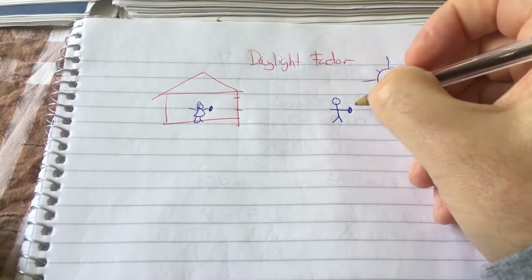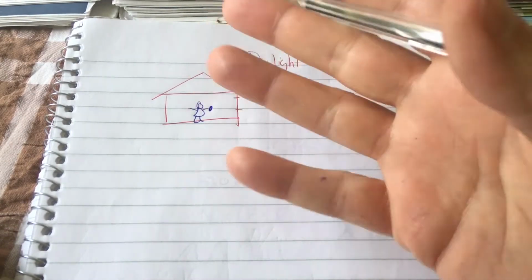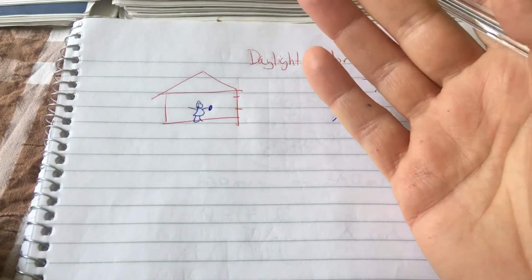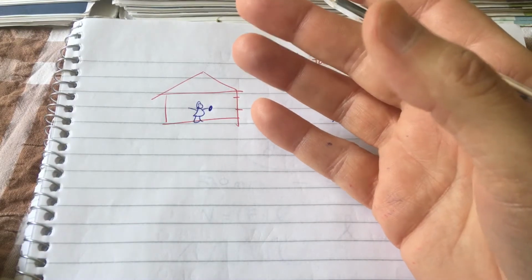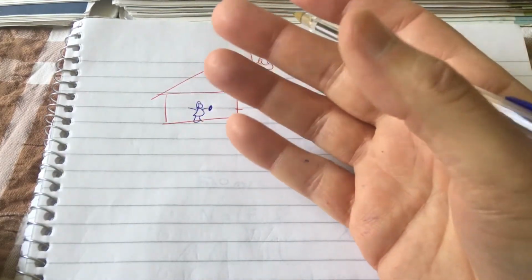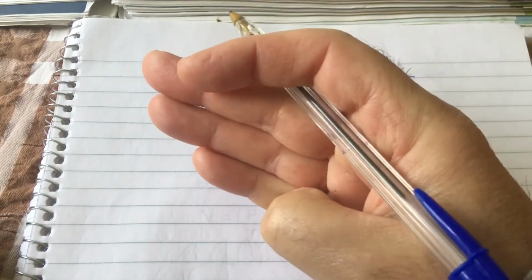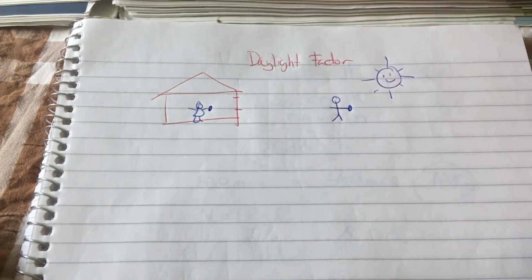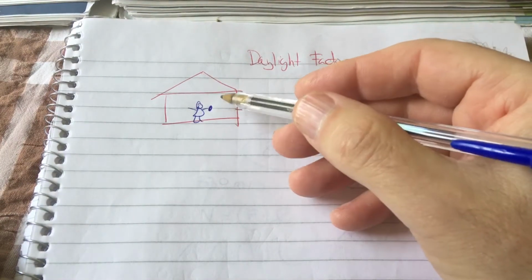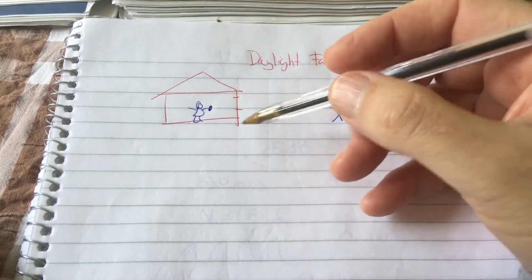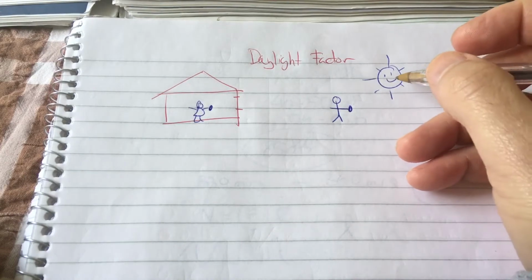Now, what is a light meter? Just imagine like a solar panel. If you put it where it's very, very shiny and very sunny, it's going to produce a very powerful current, intensity of current. And then if you go inside this house with the same solar panel, you're going to produce some electricity, but not so much, because you don't have so much daylight.